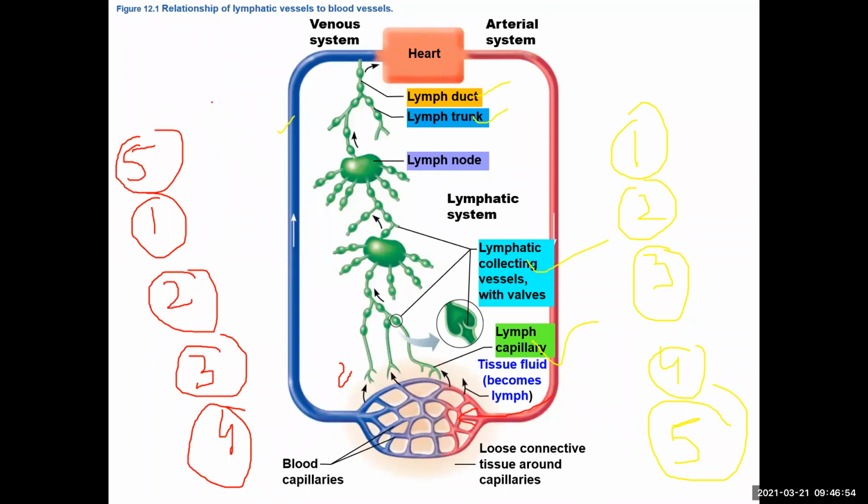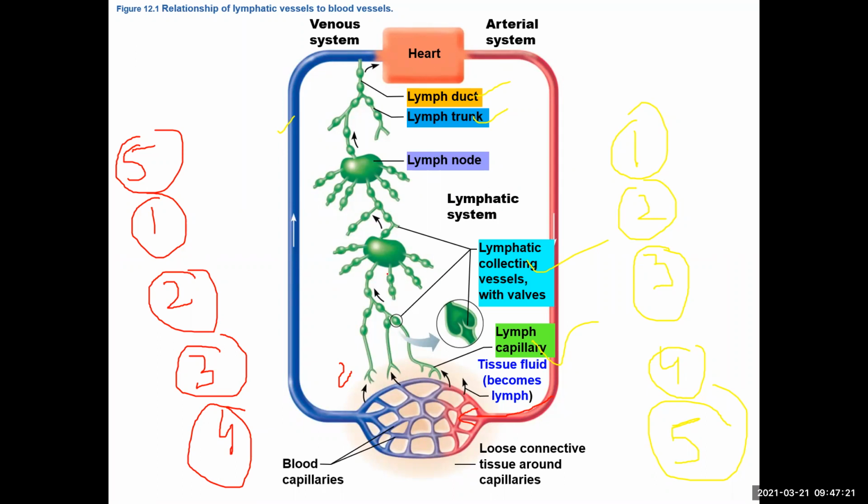Veins have a very minimum pressure, and lymphatic vessels also have minimum pressure. Rather, they have no pulse; it's a pumpless system. So that was about the differences between the blood vessels. Is it clear till now? Are we okay?